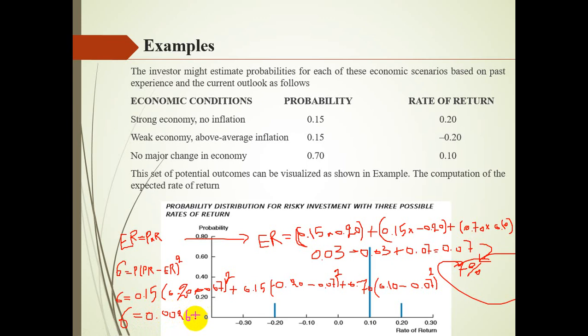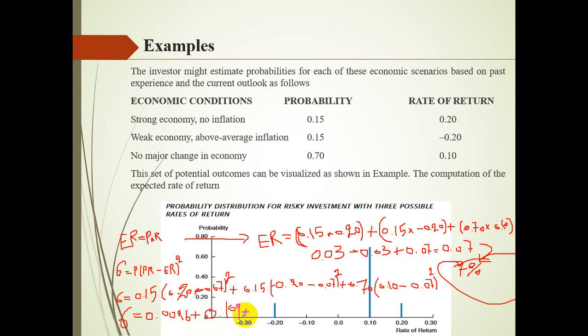For the next one, minus 0.20 minus 0.07 will become minus 0.27. Minus 0.27 squared is about 0.0729, multiplied by 0.15, right? So the second one is about 0.109, plus the next one.